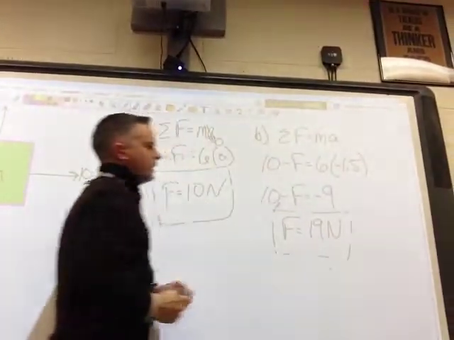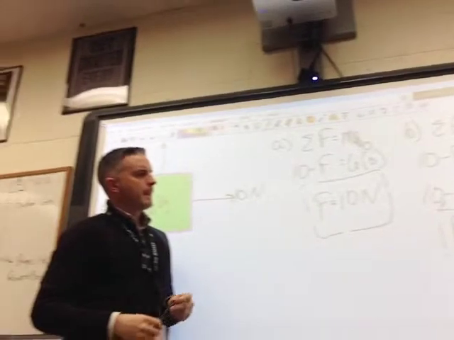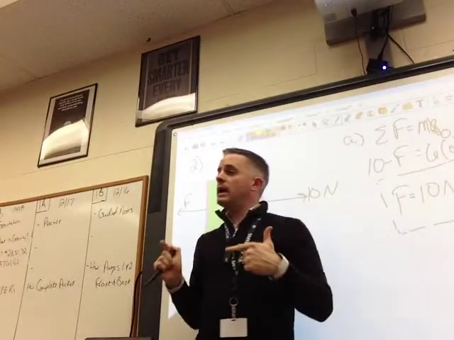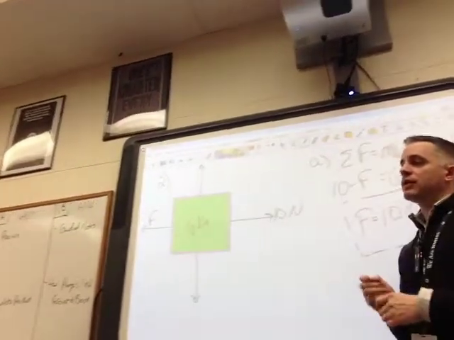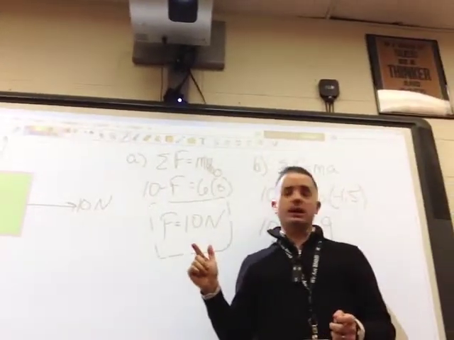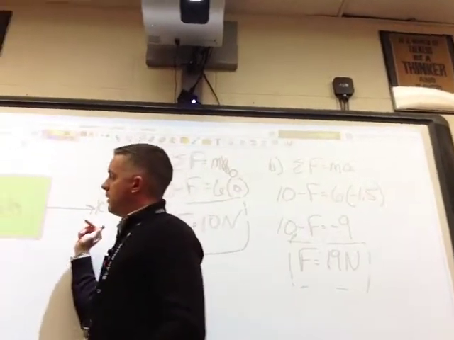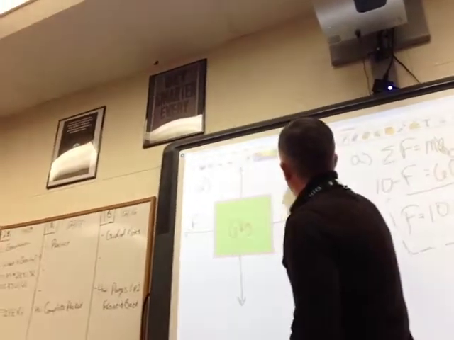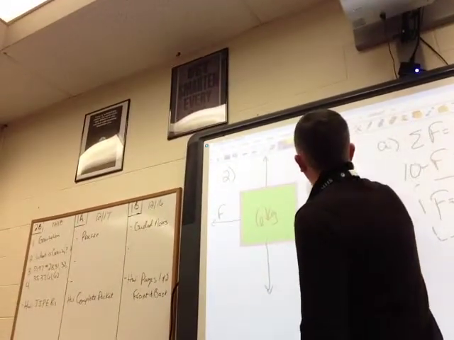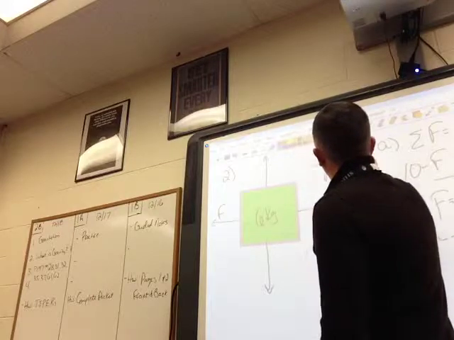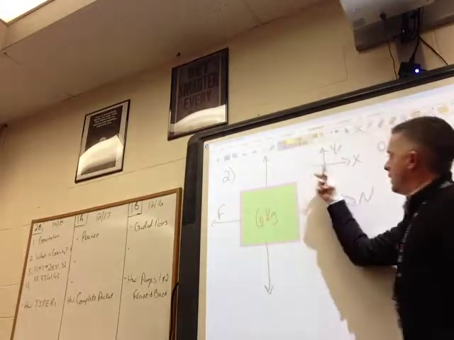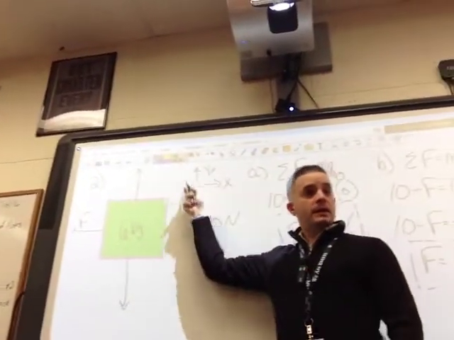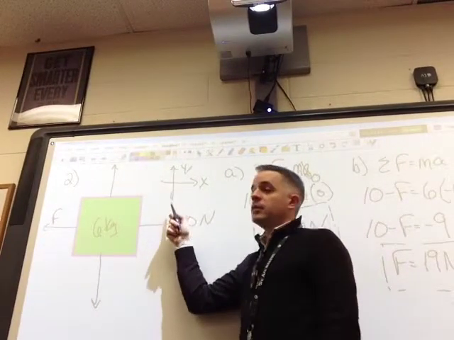So if we stop again and think about this, we want it to accelerate at negative 1.5 meters per second squared. This is the negative direction. If we think of our XY axis, to the left would be negative, and down would be negative.